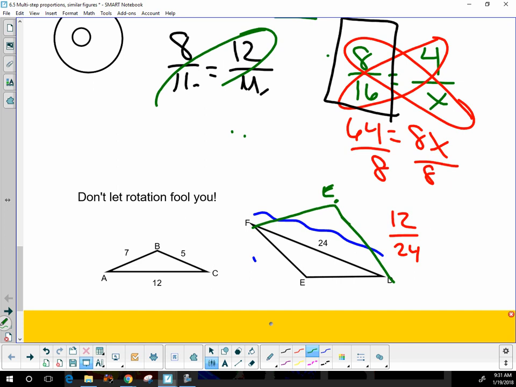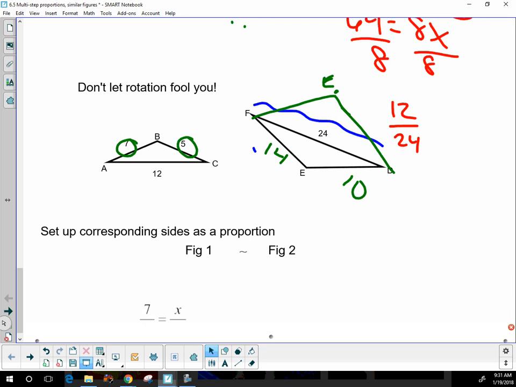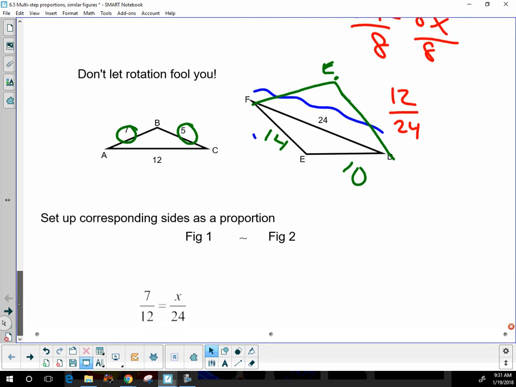They're so not drawn to scale. So ED would correspond with BC. This would be the side that's 10. This would be the side that's 14. Again, these numbers are very easy to work with. I'm showing you them with easy numbers just so you can get the point of it all.